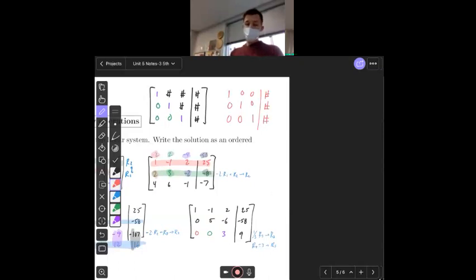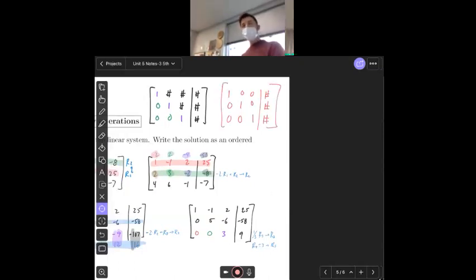So this is called reduced row echelon form. And if you can get a matrix into reduced row echelon form, you have no solving to do. Because this says, hey, x is equal to blah, and y is equal to blah, and z is equal to blah.